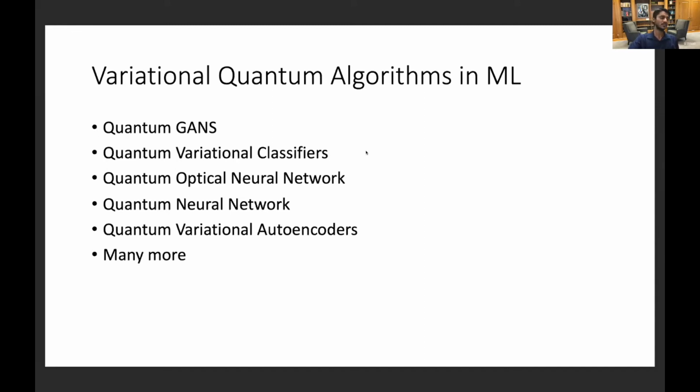Basically, just like in classical machine learning, you have classifiers. Using variational quantum algorithms, you can propose an initial state, and at the end, one can get some classification, depending on some probability. And then there are quantum neural networks and variational autoencoders and so on and so forth.